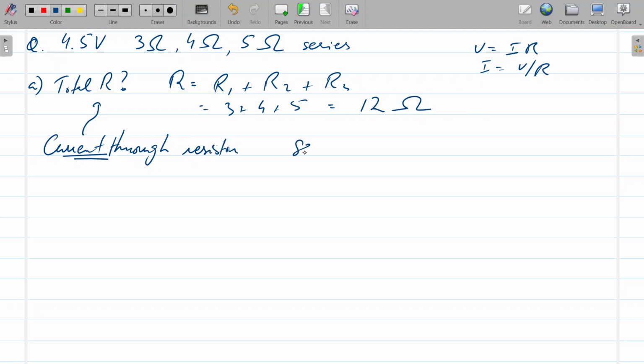You know that in series the current is the same. It does not split. We've got the total resistance and the voltage, so that's 4.5 divided by 12, and that's going to give us 0.38 amperes. Are you following?